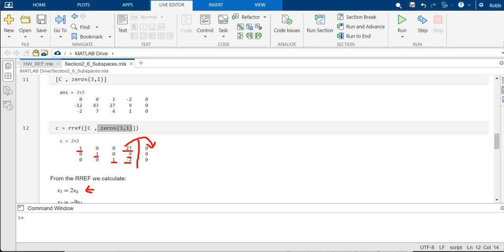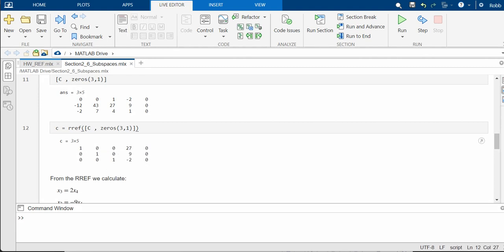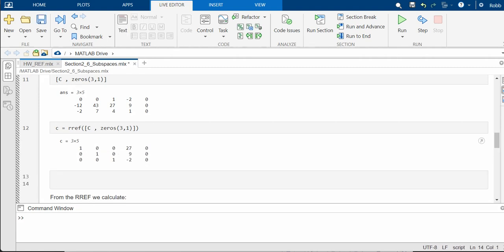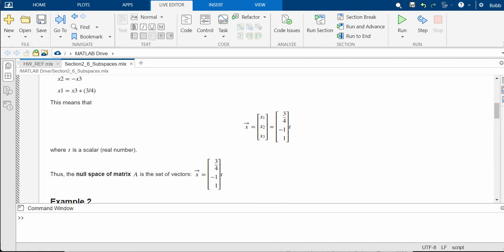So getting rid of the ink for just a second and scrolling up so we can see it. Sorry, let me run this. There you can see the solutions that we find, and we're going to put them in vector form. This is how we write solutions in vector form.